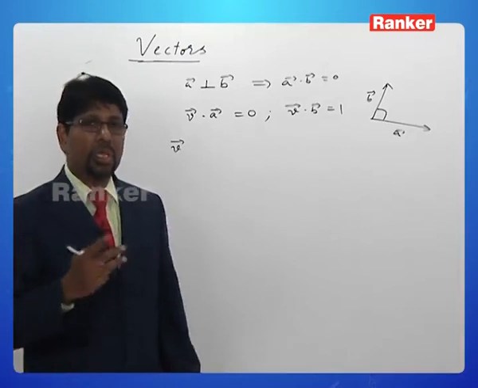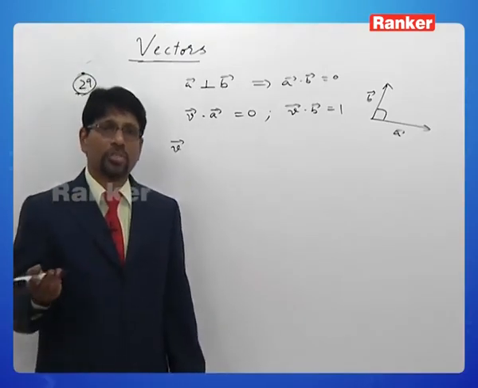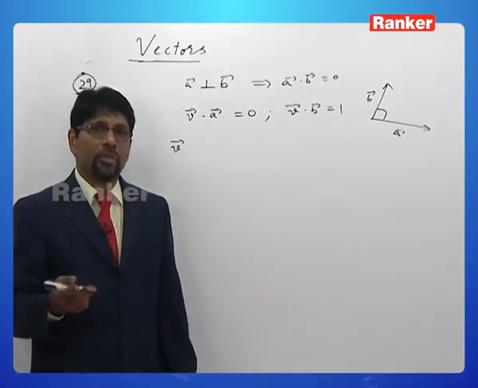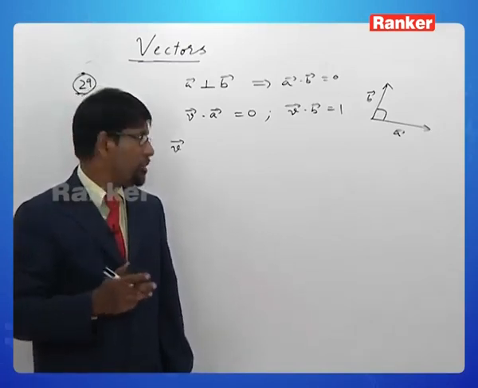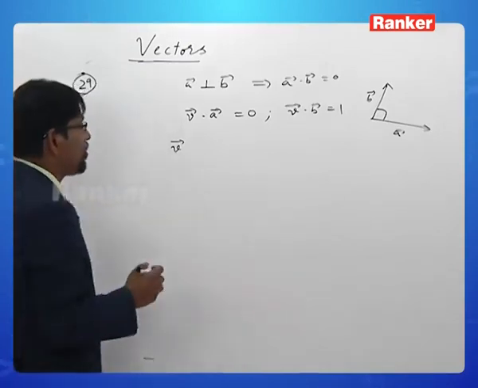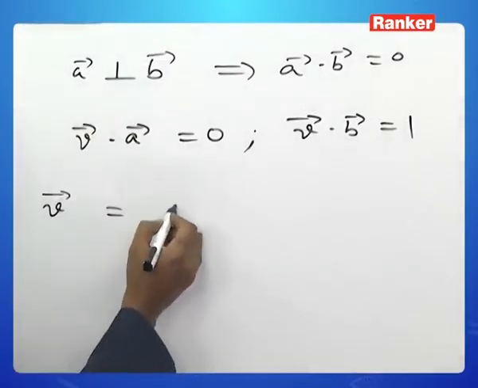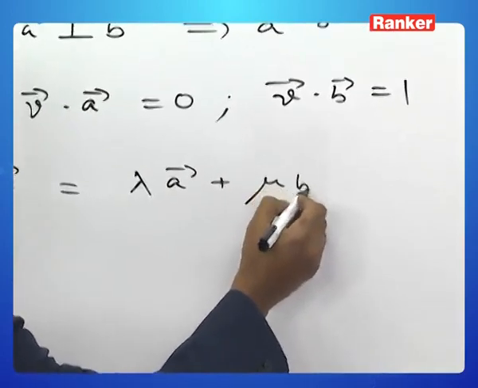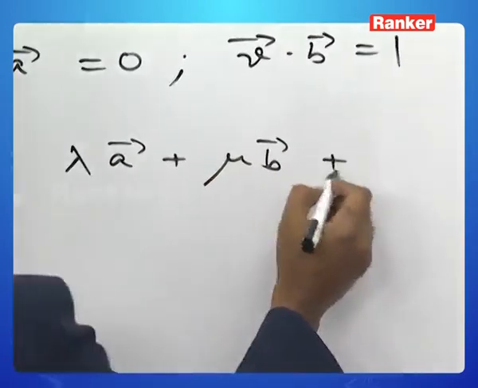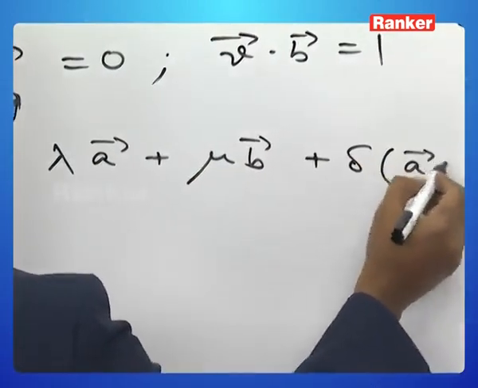A fourth vector can be represented as a linear combination of these three vectors, and it will be a unique linear combination. So v bar, a fourth vector, we can write as lambda times a bar plus mu times b bar plus some delta times a cross b.